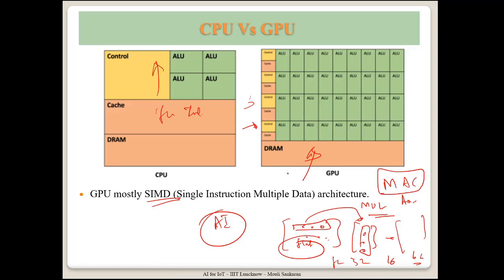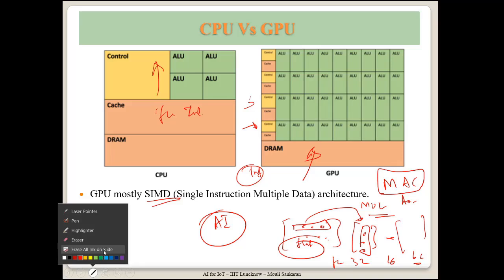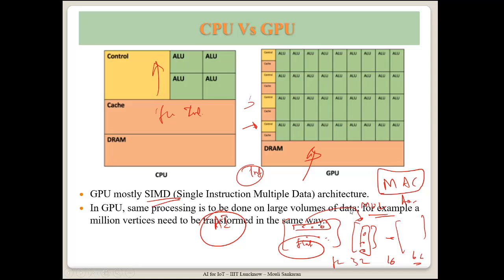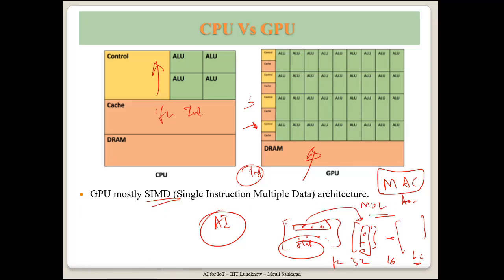Only address manipulation is integers in graphics, normally. So that is the advantage: ALUs can be of smaller size and they perform similar operations, and they execute similar instructions on multiple data, because they do the same multiplication on multiple data. That is why it's called single instruction multiple data stream. Okay, there is a taxonomy.